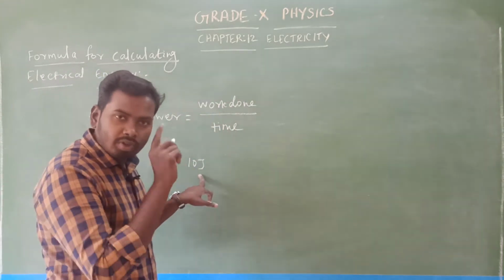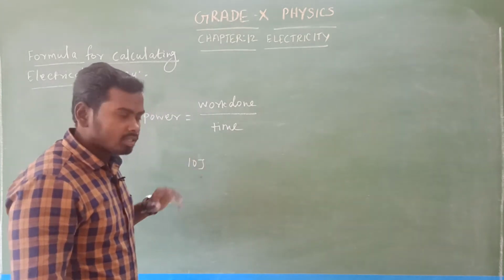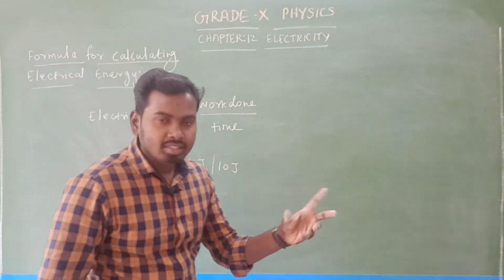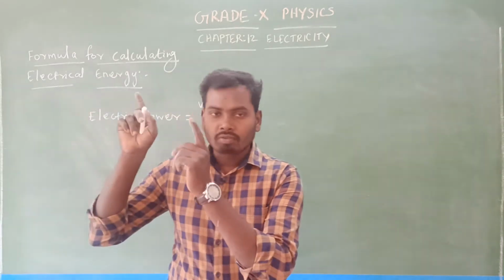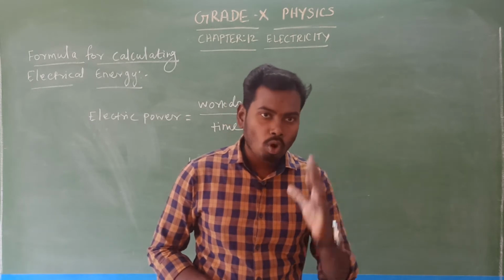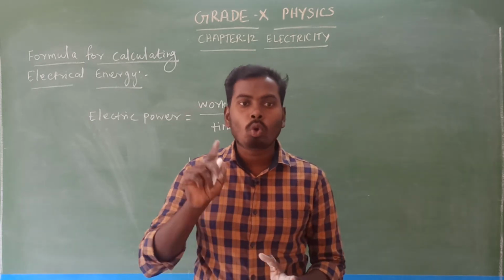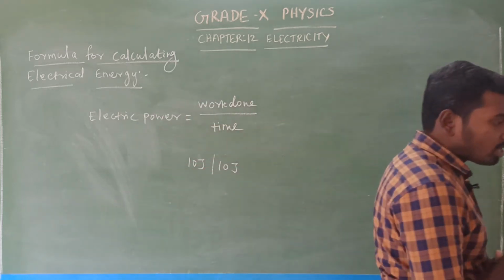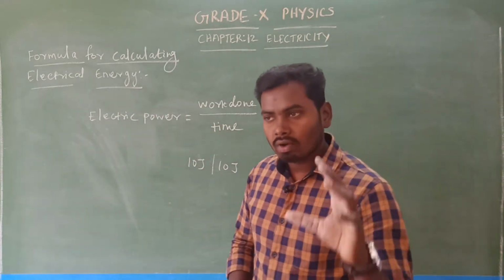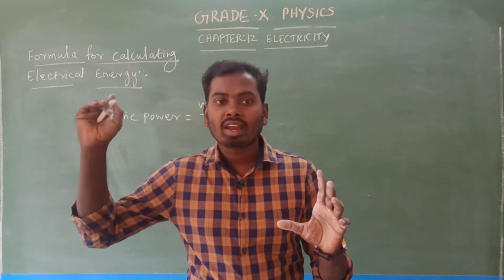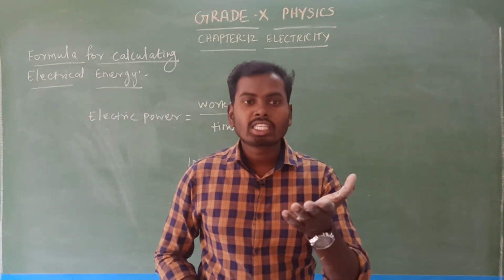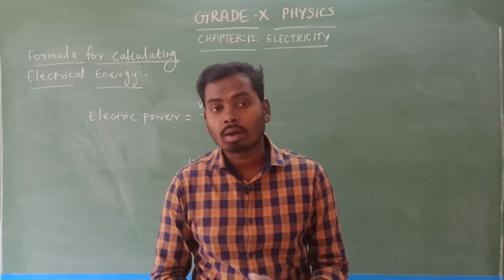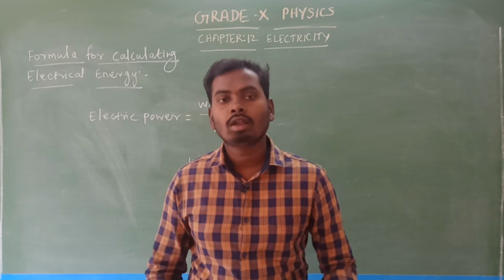How much energy is consumed? The same 10 joule of electrical energy is consumed. So whenever work is done, an equal amount of energy is consumed, because work is possible only because of energy. If energy is not there, work done is not possible.